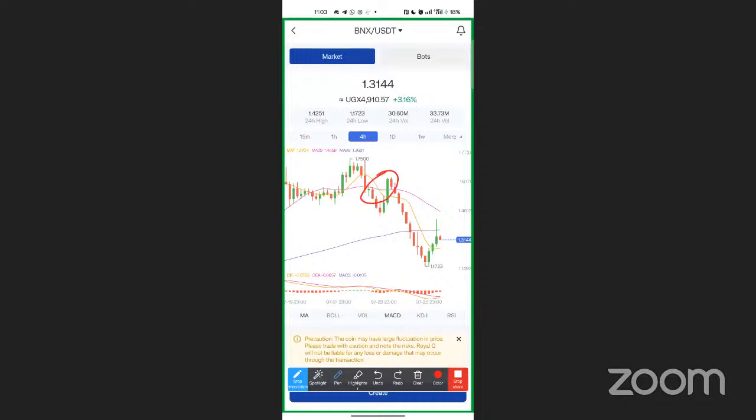This is a 25 moving average that crossed a 7 moving average, and this is called a death cross. Even here, a 99 moving average crossed a 7 moving average. It is a death cross.